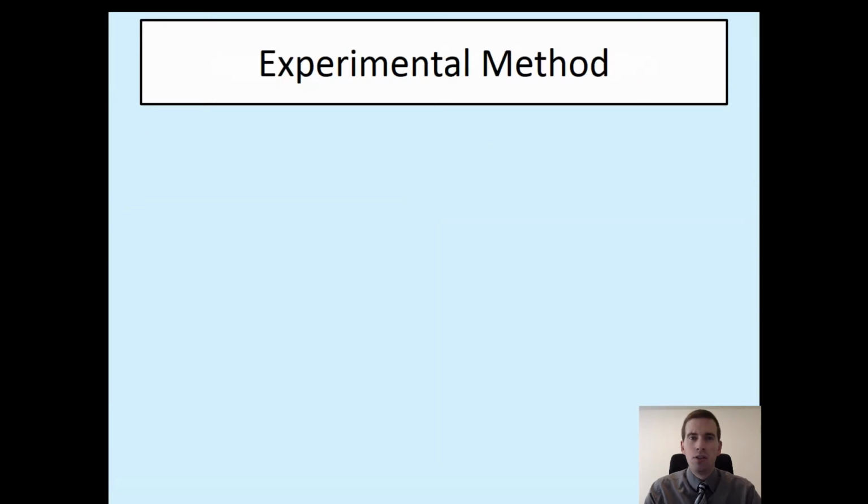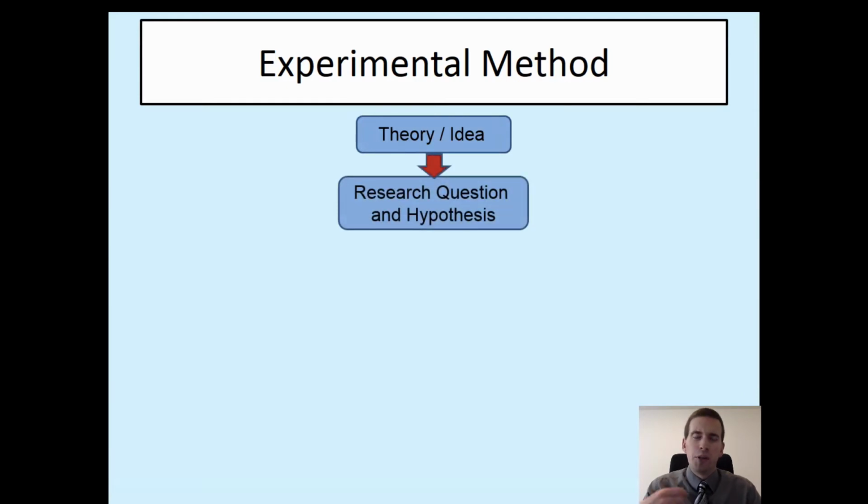So let's just go back to the slide from the first video and remind ourselves of the experimental method. So you start with some sort of theory, idea, you then develop your research question and hypothesis, you design an appropriate experiment and you carry it out.